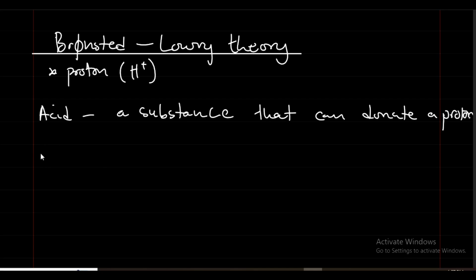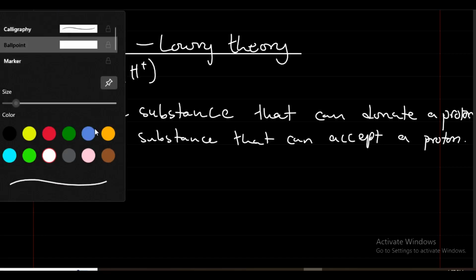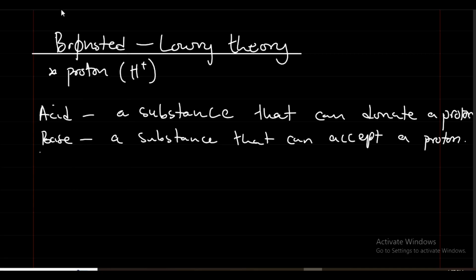Okay, and then a base, according to Bronsted-Lowry theory, is a substance that can accept a proton. So here we have what is similar and what is different in the two definitions. The similar thing is the substance that can.